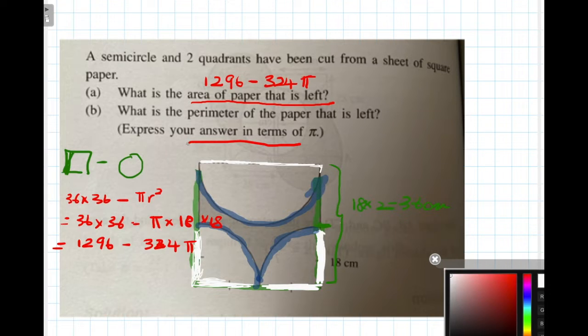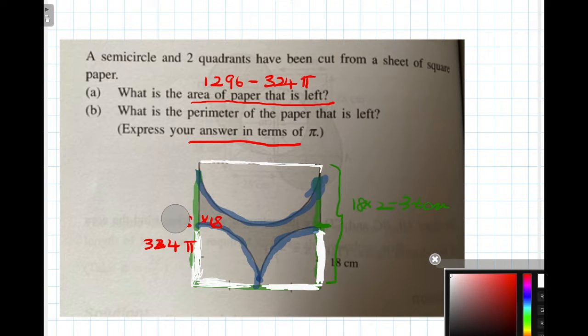Okay, then it's asking you what is the perimeter of the paper that is left. Perimeter, right? Now we are doing question B. Perimeter is actually this whole thing here, the one highlighted in blue.